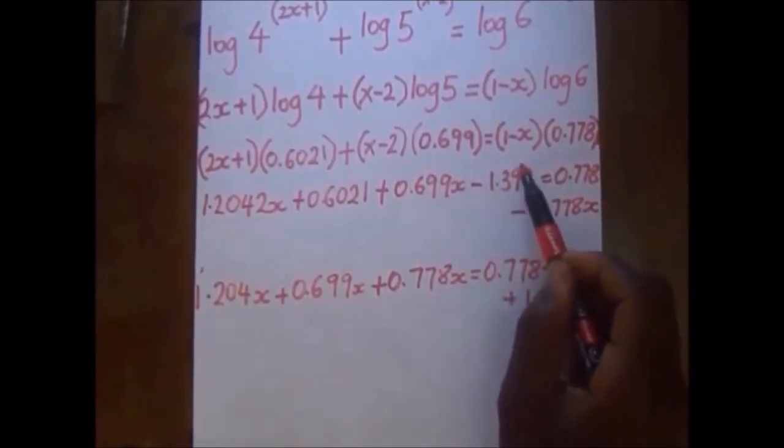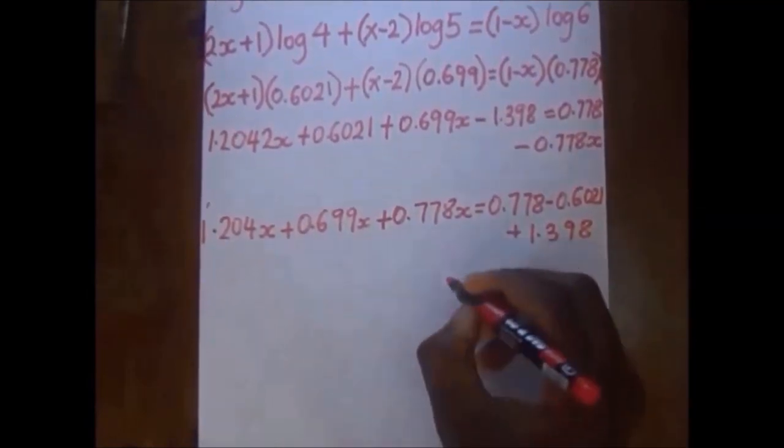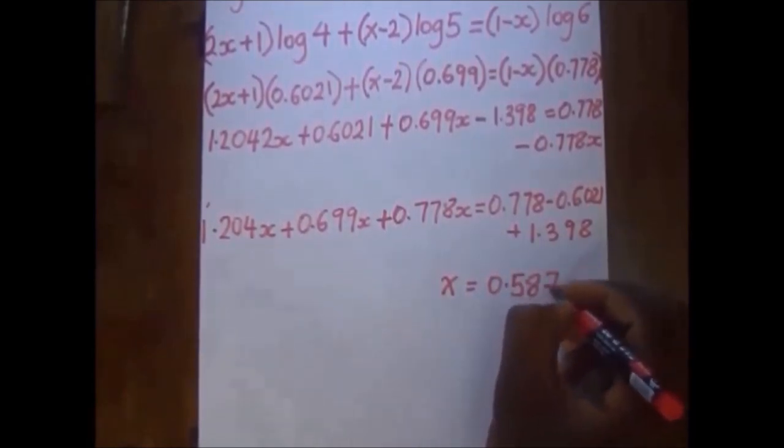This 1.398 crosses the equal sign, it becomes a positive here. So the value of x we get here is going to become 0.587.